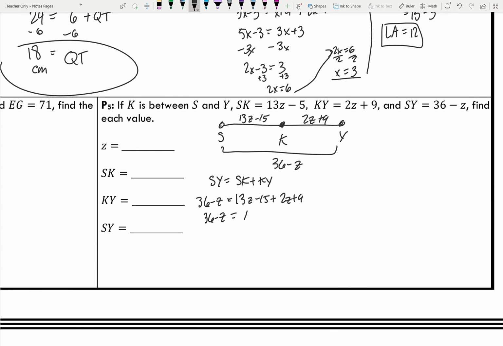So I have 15Z, and negative 15 plus 9 gives me negative 6. Right? Yeah, negative 6. So let's add Z to both sides. Let's also add 6 to both sides. So I get 42 is equal to 16Z, right? Yes.